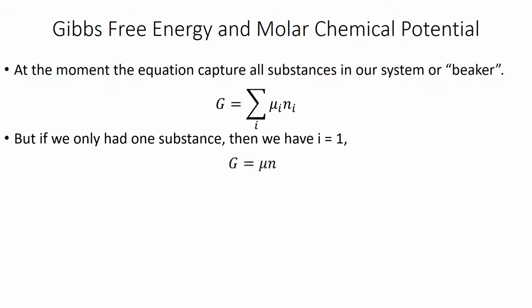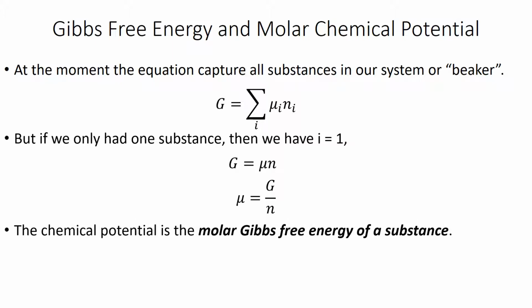What then? Well, since there's only one substance, the Gibbs free energy is just equal to the product of the chemical potential times the number of moles. And hence, the chemical potential is equal to the Gibbs free energy divided by the number of moles.